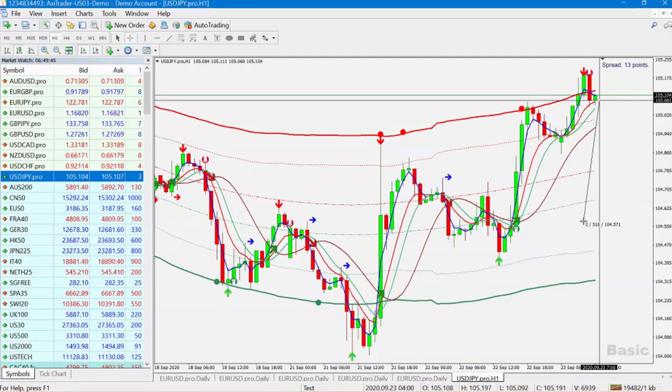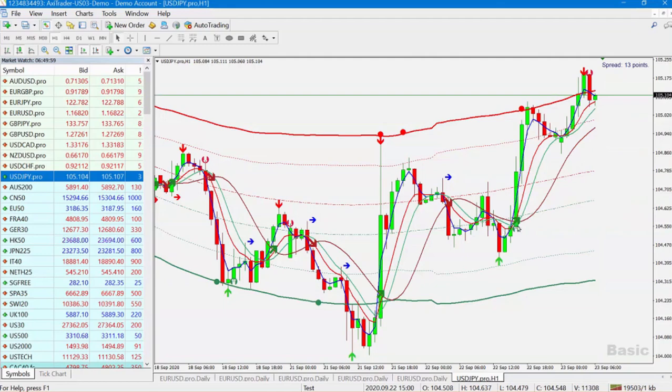I'll use my magnifying glass. Yeah, 50 pips is down here, which is reasonable because here you can see this is where price shot up. So there was probably a zone down in this area. Let's take a look.